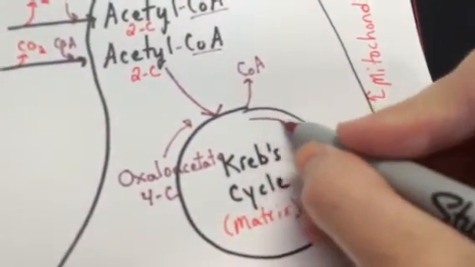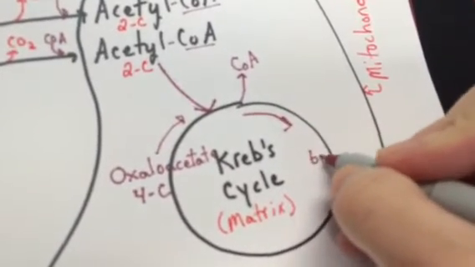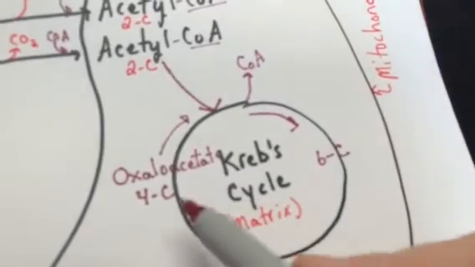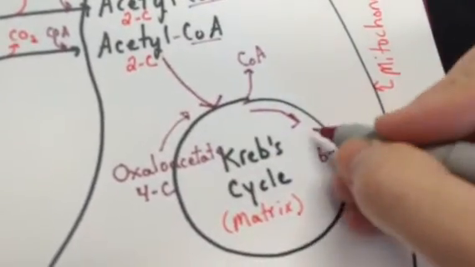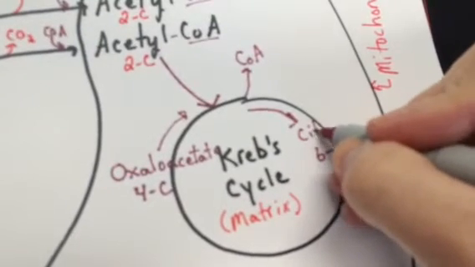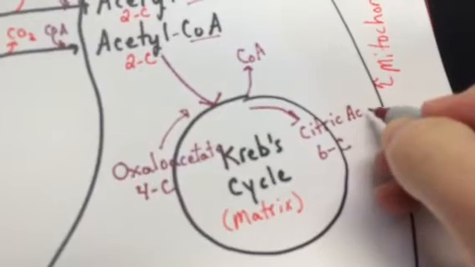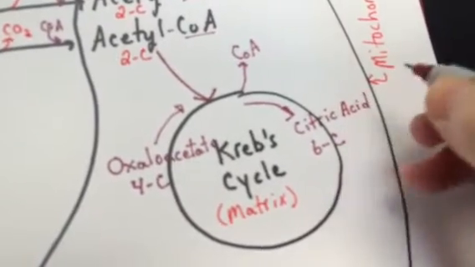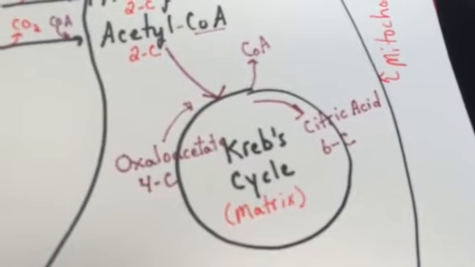So this thing is spinning clockwise, if you will. The 6-carbon compound that gets produced as a result of the union between oxaloacetate and the acetyl group is citric acid. Citric acid has 6 carbons. And that is why it can also be called citrate. At any rate, that's why this cycle can also be called the citric acid cycle.